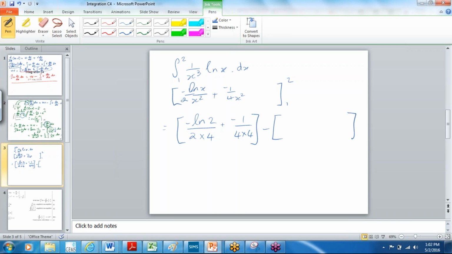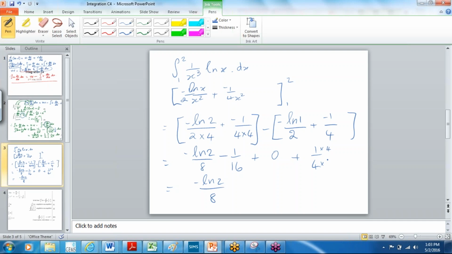And we substitute 1 in here: negative natural log of 1 over 2 times 1 squared, plus negative 1 over 4. That equals negative 1/8 ln 2, minus negative makes plus, the log of 1 is 0, and then minus negative a quarter. We have negative ln 2 over 8, minus a quarter, plus 4 over 16, makes plus 3 over 16.